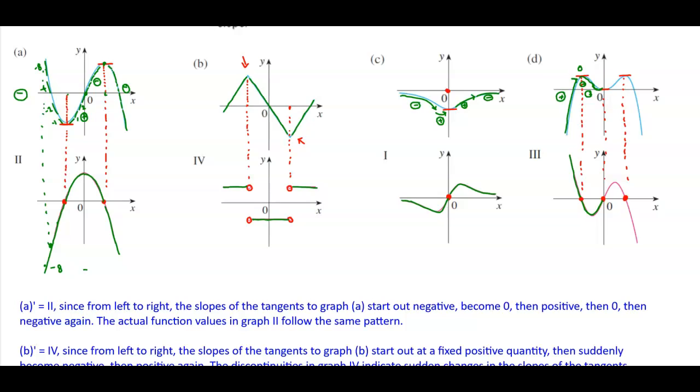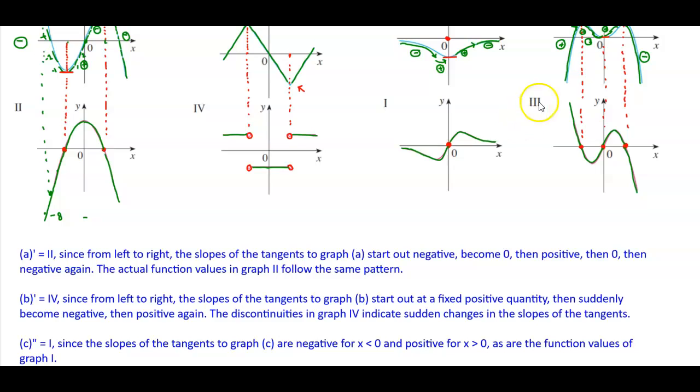Okay, and then from here we can see that it starts to increase. Here we can see that the slopes are increasing, which is positive, and then it's going to decrease until it gets to that negative slope. So again, it's increasing, and then it's decreasing to the next x-intercept, which is 0, and then from here it just continues to fall, which we have negative slopes, and therefore there is our graph.